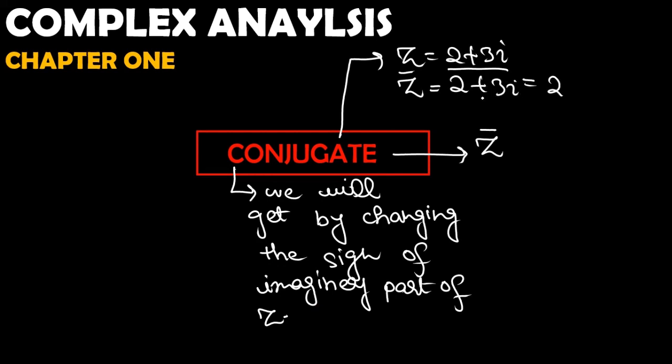Here the imaginary part is plus 3 iota, I will write minus 3 iota. This is our Z bar.